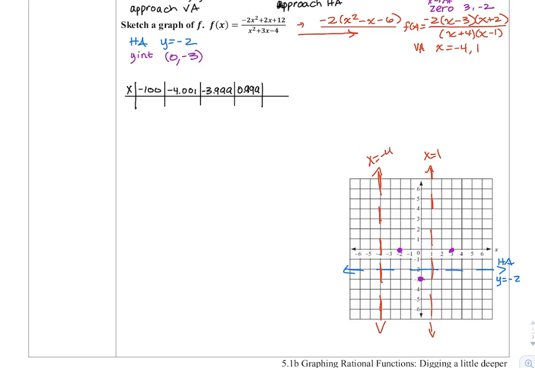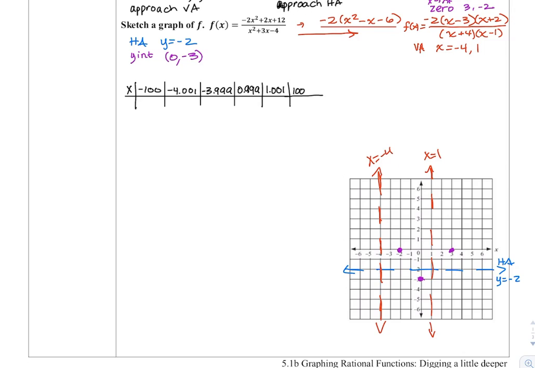It looks like it's going to be above the horizontal asymptote, but we'll check anyway, so we'll go with 1.001. And then the last thing we need to do is just see what happens as x gets extremely large. So we can plug in 100, we could plug in 1,000, we can plug in 1,000,000. Let's get our graphing calculator out and punch this equation in, and let's see what happens.